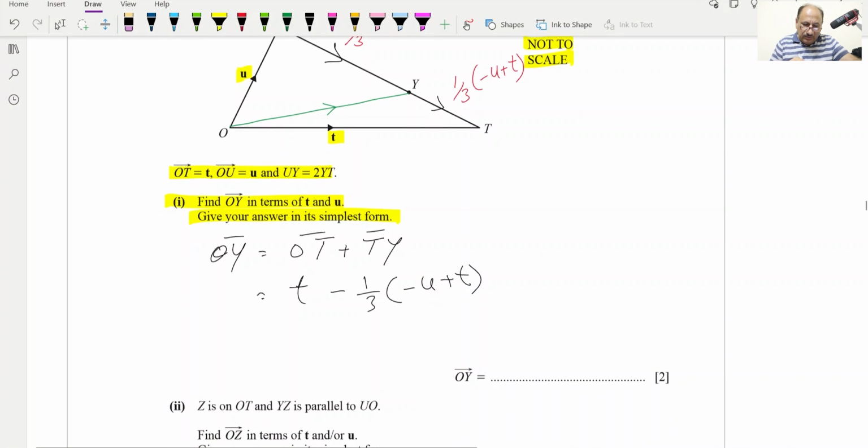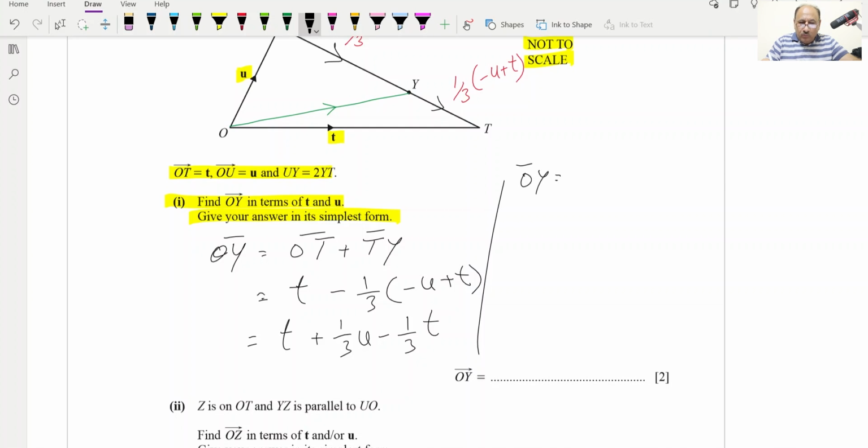And now we can rewrite it as t, and if we multiply, this will be plus 1 by 3u minus 1 by 3t, and we can rewrite it as OY is equal to 2 by 3t, this one and this one.